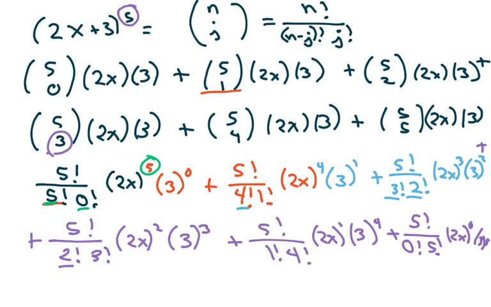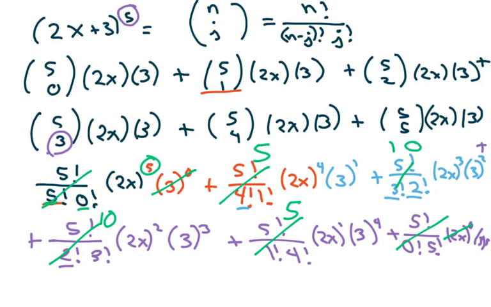Now we already know that this is 1, and this is 1, and this is 1, and that's 1. And we already know that this is 5, and we already know that this is 5, and these two are 10s, I believe. So this one's going to be 10, and this one's going to be 10. That's going to be 20 divided by 2.